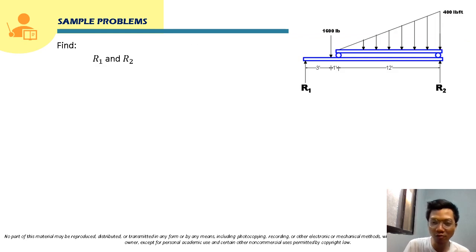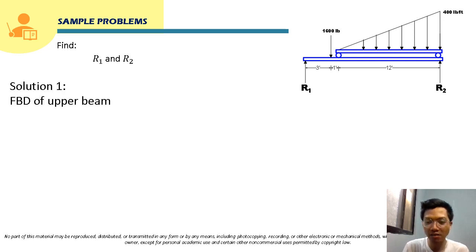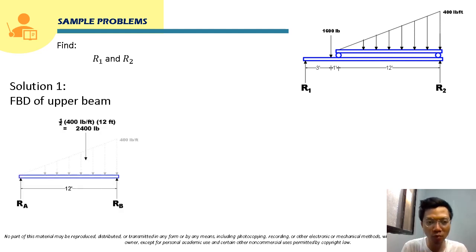Solving for this parallel force system using solution 1, we're going to construct first the free body diagram of the upper beam. The upper beam is supported by a roller here and a roller also at the other end, so each will just provide one reaction force, a vertical reaction.